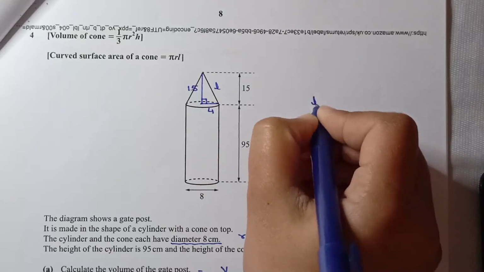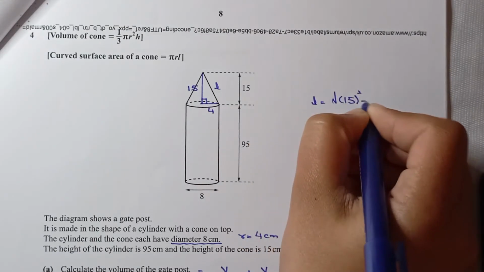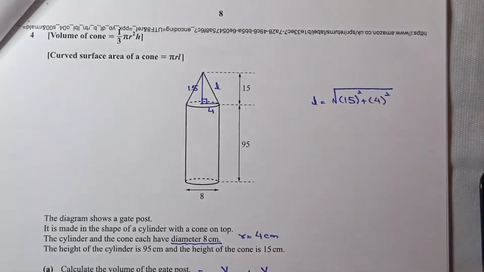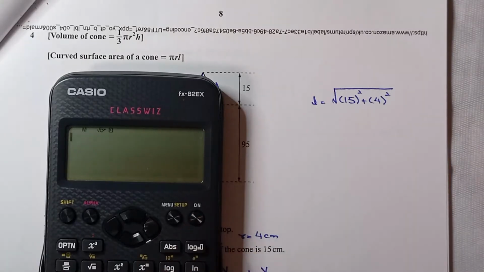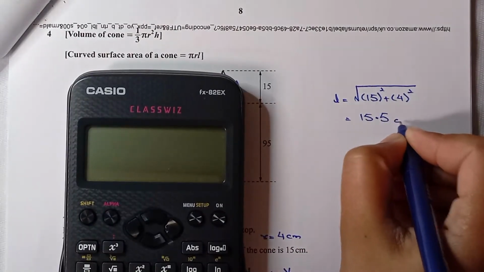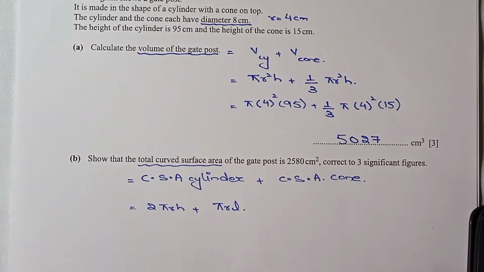L equals the square root of 15 squared plus 4 squared. So we have 15 squared plus 4 squared, and then the square root equals 15.52, or we can just say 15.5 centimeters. This is the slant height.